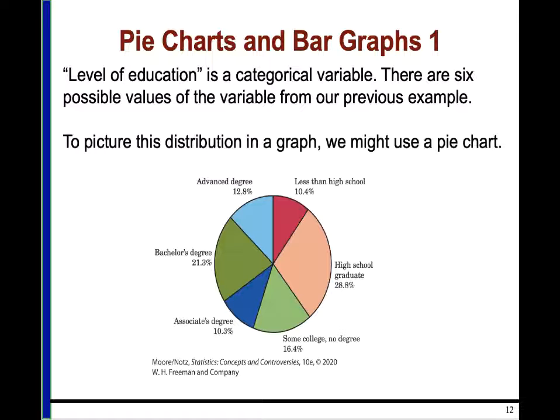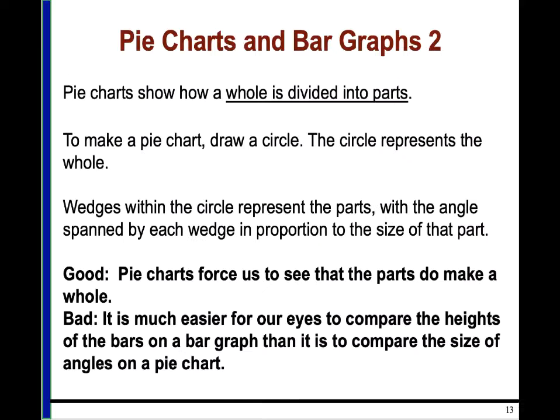So you can think of a pie chart as showing the whole divided into parts. If you need to make one of these by hand, you would draw a circle, and that's going to represent the whole. Each wedge is going to have an angle that's proportional to the size of that part. We really like pie charts when we're trying to see how the parts make up the whole.